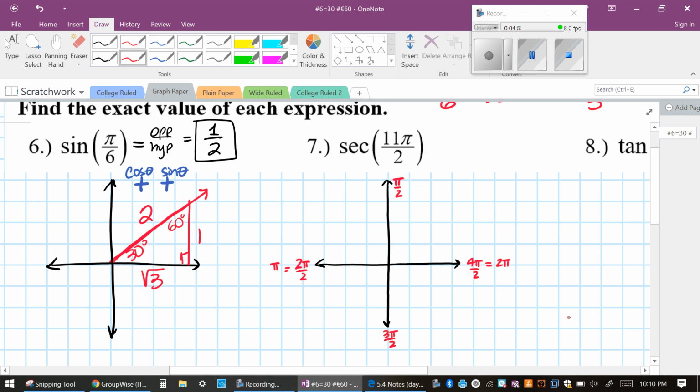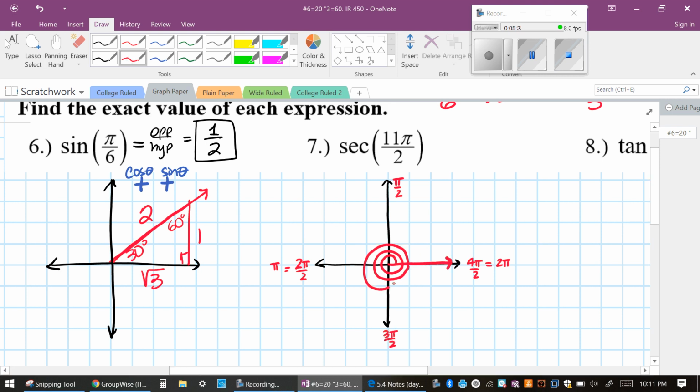So if you think about it, this guy would go a full circle to 4 pi over 2, then another circle to 8 pi over 2. Then from 8 pi over 2, we'd go 9 pi over 2. So remember, one full circle is 4 pi over 2. Another full circle is 8 pi over 2. This would be 9 pi over 2, 10 pi over 2, 11 pi over 2. So we'd end up right here.